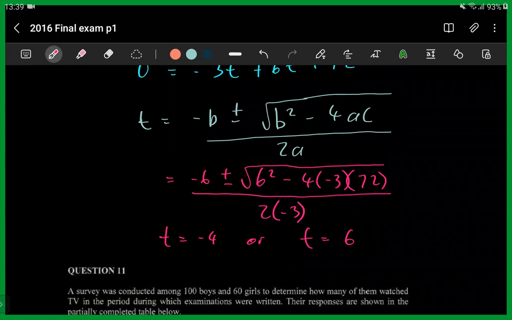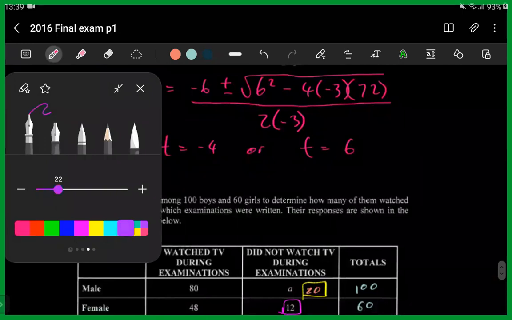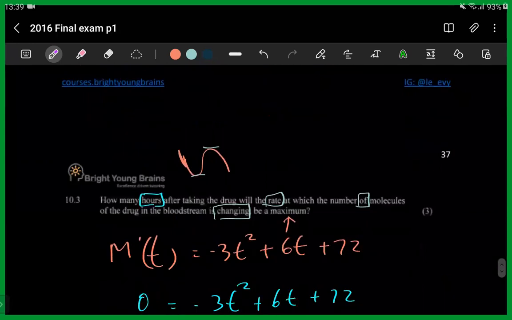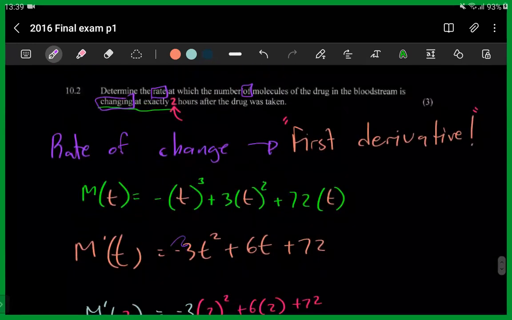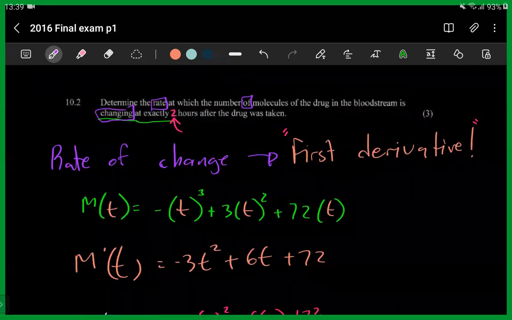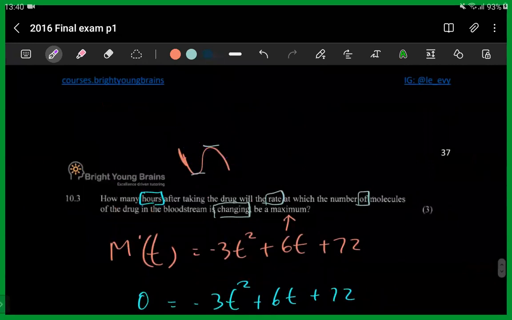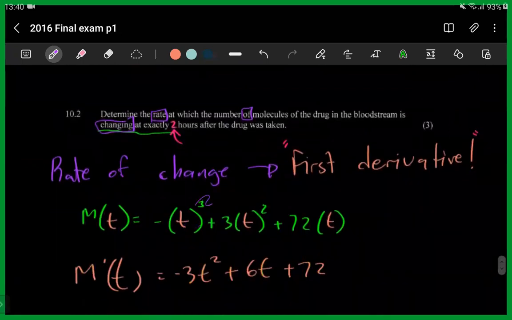True. So in a situation like this, you have to pick which one of these numbers is the correct one. The easiest way to do it is to just know what your cubic graph looks like. Remember we said this cubic graph starts by going down, goes up and then down again, because the coefficient of t cubed is negative.